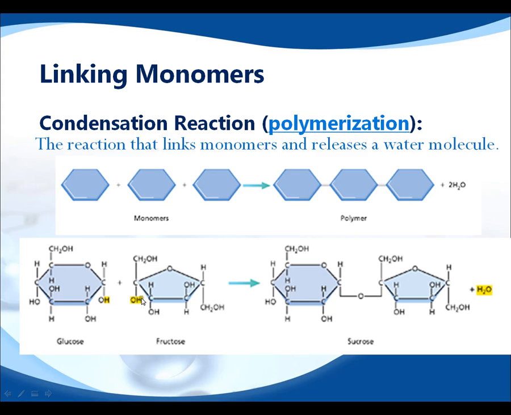There's 1. And then these molecules actually share this oxygen molecule because this one was released with the 2 hydrogens. So now these 2 carbons are going to share this oxygen molecule.